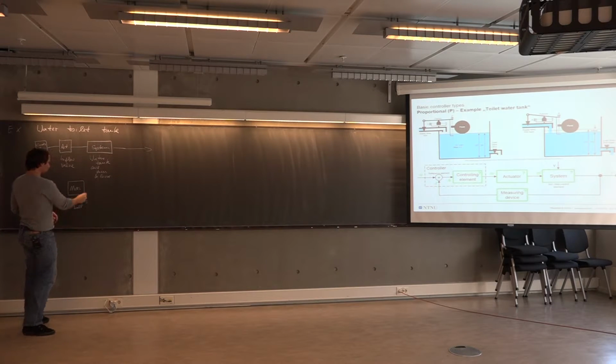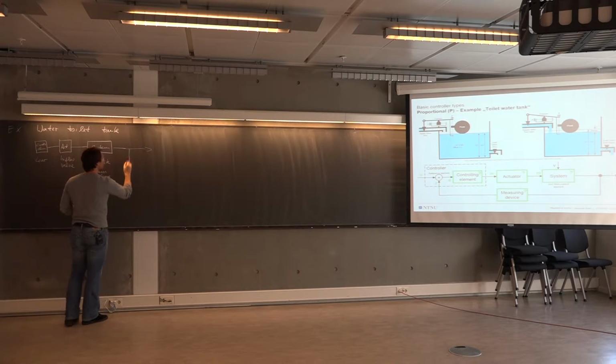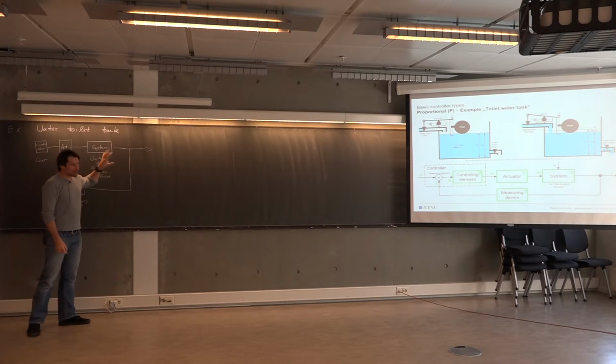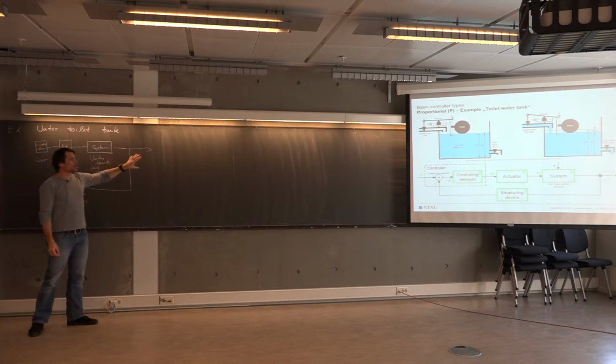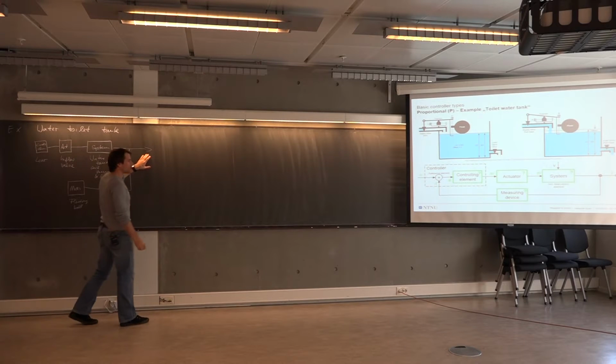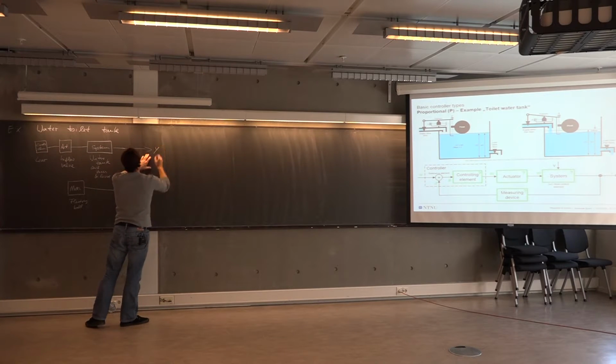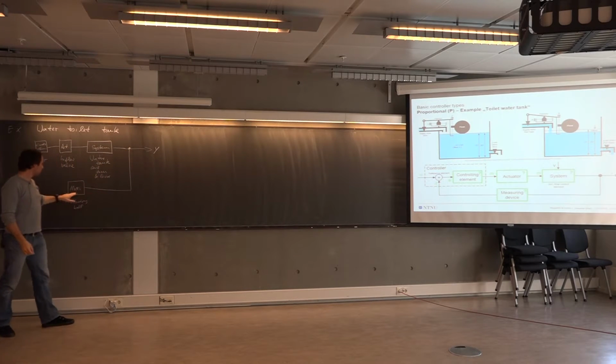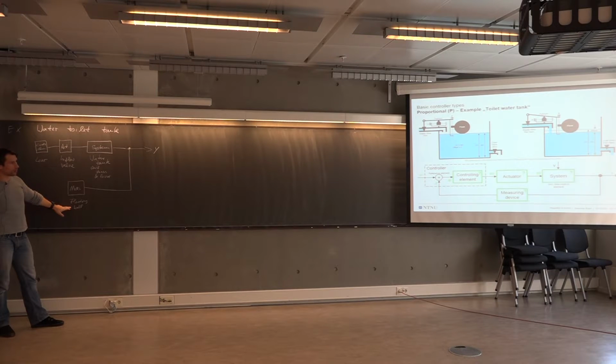So now, as just mentioned, the system's output basically, at least the output we are interested in, is the water level in the tank, which is being measured by this measurement device, the floating ball, and then returned to the control element.